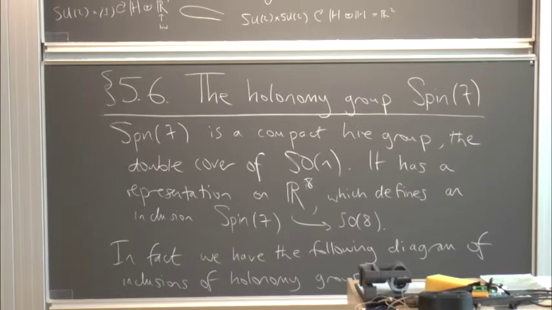Such that big omega and g are modelled on, or locally isomorphic to, big omega 0 and your standard metric g0, which is dx1 squared plus up to dx8 squared, at each point.